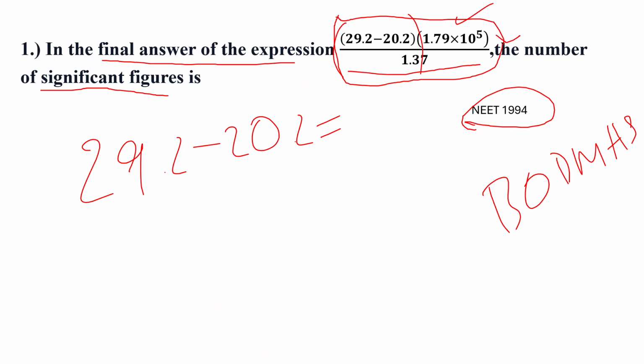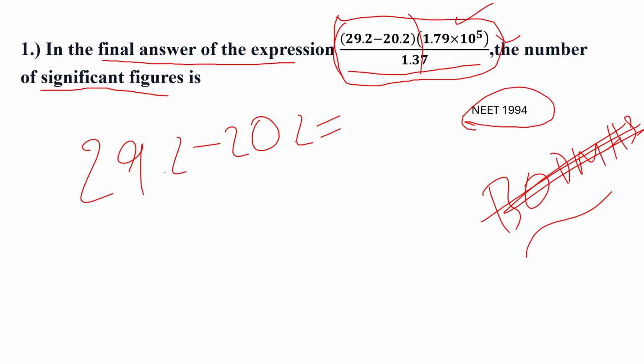Then it will be divided by 1.37. According to BODMAS, subtraction comes last, but in this case subtraction should be first, so that it can be solved. So in this case, BODMAS is not applicable.